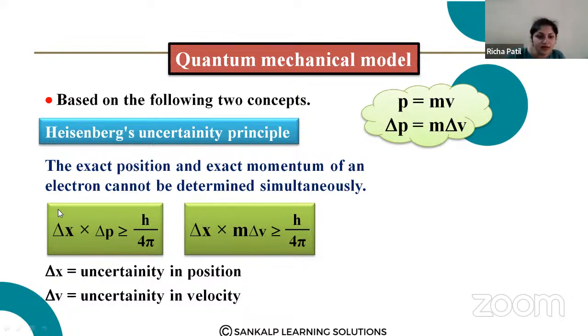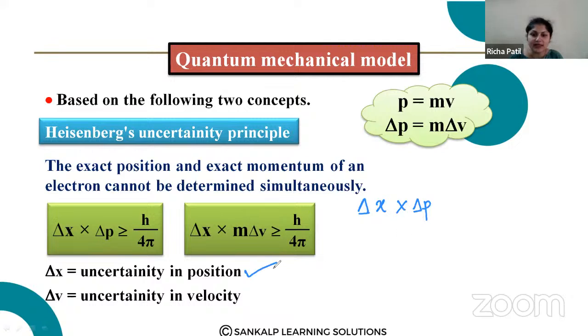So this is the formula that is given. In terms of the definition, it has been written in terms of delta x. Delta x is nothing but uncertainty in position.